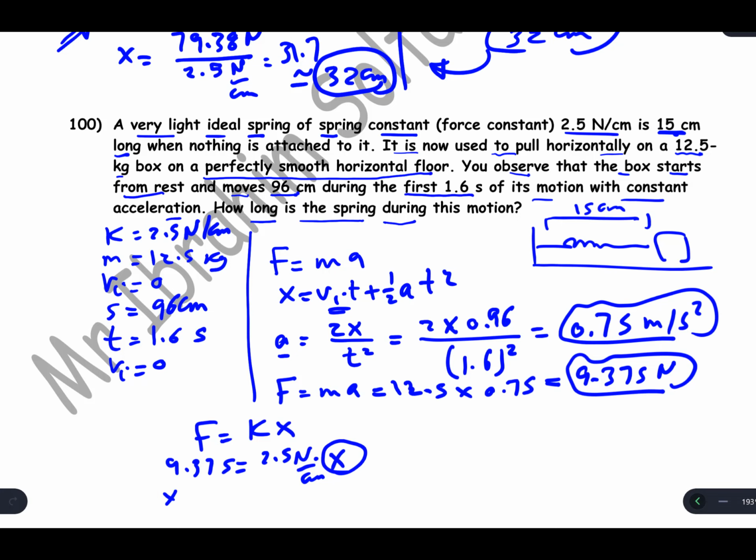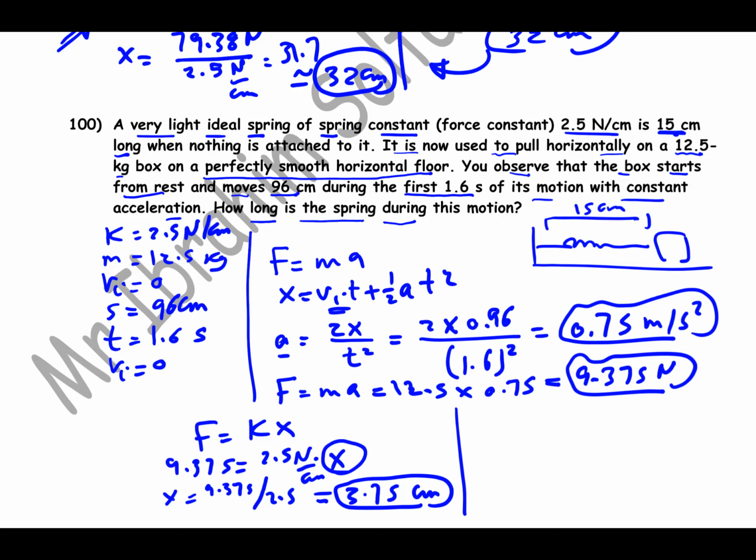So x equals 9.375 divided by 2.5 equals 3.75 centimeters. I'm using the calculator quickly, guys. So this is the extension, the stretched part.